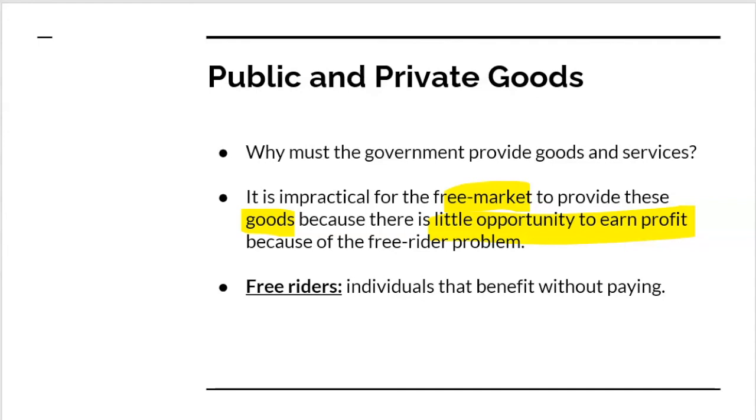If person A doesn't pay for a street light, it's not like the company can just shut off the lights for that one person, right? Because the street lights are on highways. It's on public property. And so that's when the government has to step in and provide these goods and services because these private companies are not going to provide them because they can't segregate the market and decline the service to those who don't pay into the good itself.